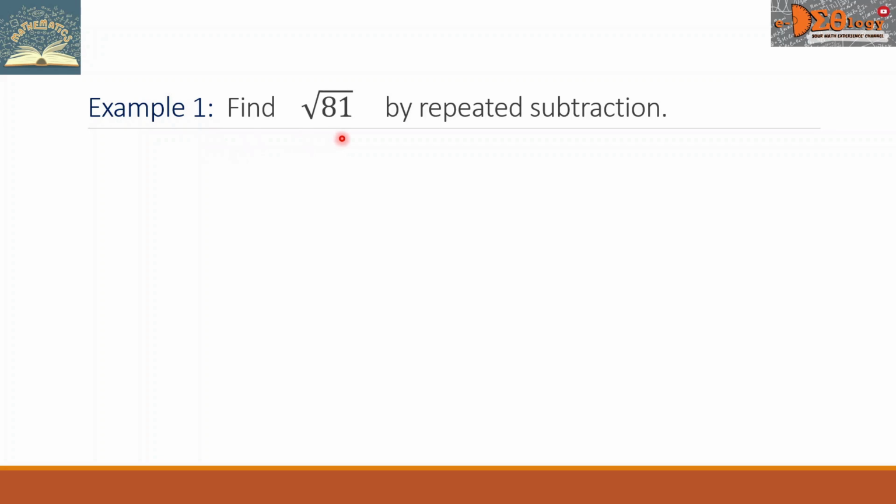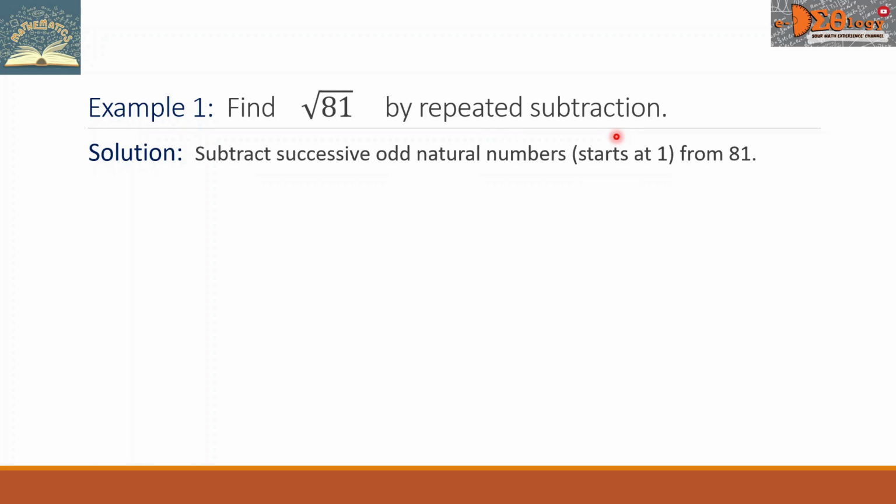Find the square root of 81 by repeated subtraction. We subtract successive odd natural numbers that start at 1 from 81. Then we get the value of small n from the nth step.